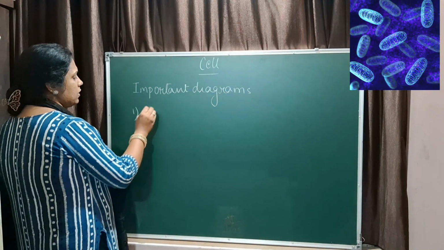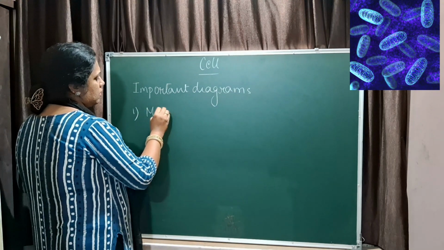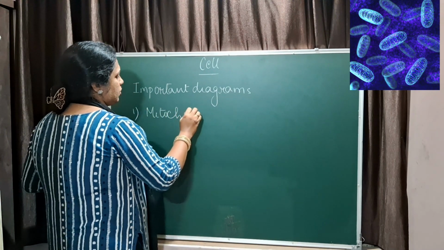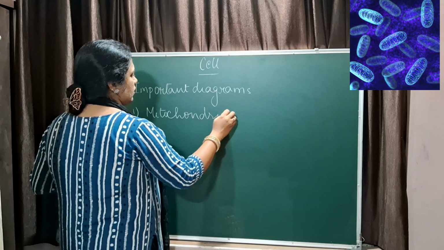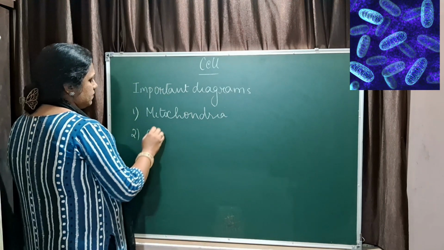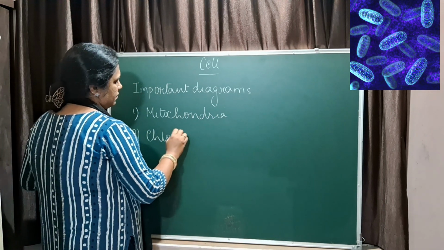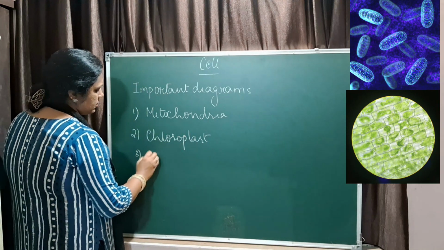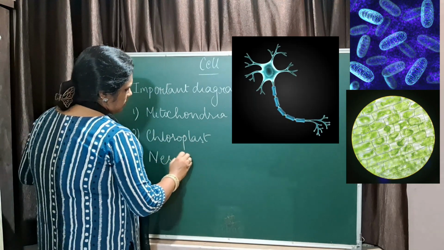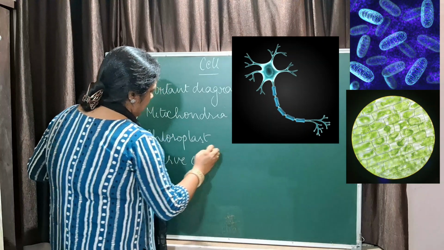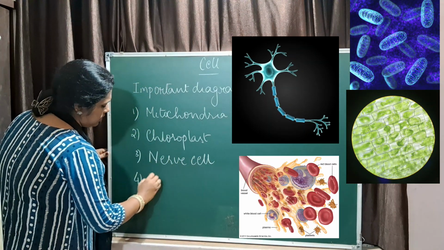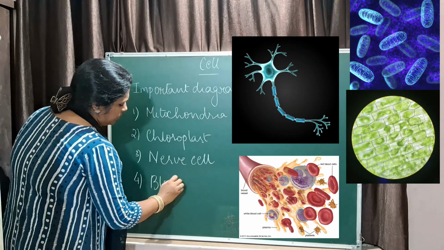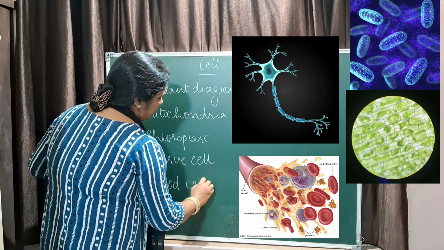The first one is the mitochondria. Mitochondria is important. Chloroplast, nerve cells, and the blood cells. These cells diagram you all must know when you know this chapter.